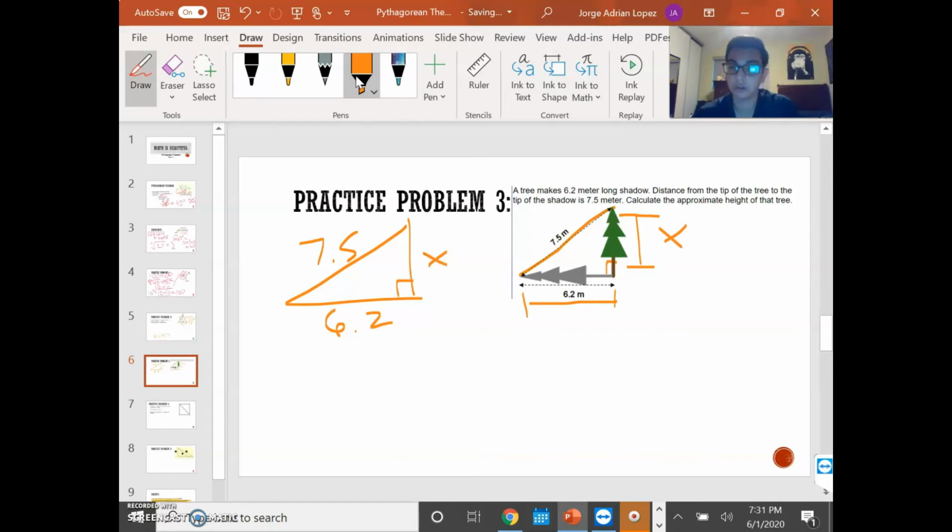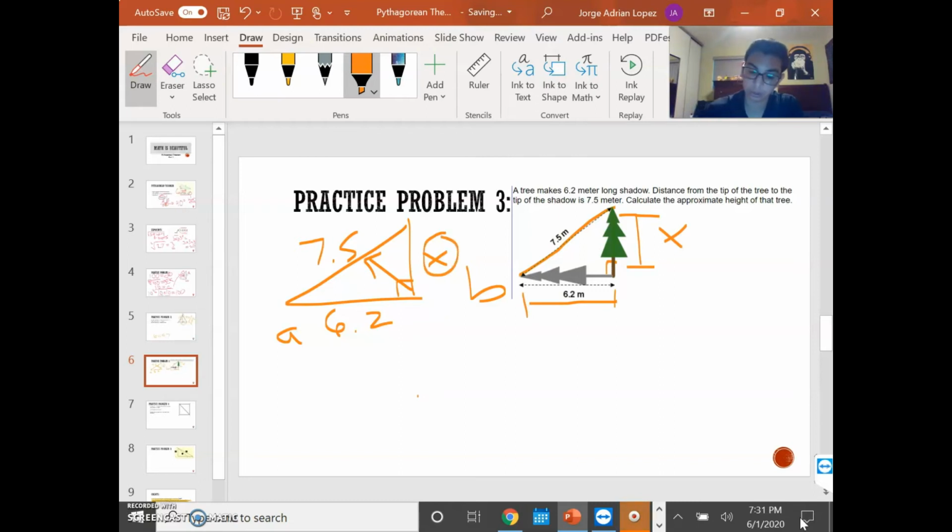Before we just start doing Pythagorean theorem, let's identify the parts of the triangle. So do we have the hypotenuse? Yes, we do. Because the hypotenuse is the side across from the right angle, which is right here. Do we have A and B? Yes. We have A, which is 6.2, but we don't have B, which is our x.